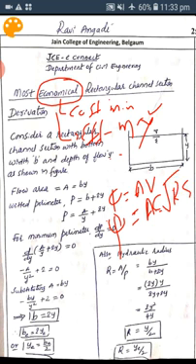In this case, the area of the channel section is constant, the bed slope is constant, and the roughness of the surface is constant, since we are assuming a rigid boundary channel as well as a prismatic channel. For a prismatic channel, the cross-sectional area remains constant throughout the length, the bed slope is constant, and the roughness is also constant. So the only variable here is the depth of flow in the channel section.